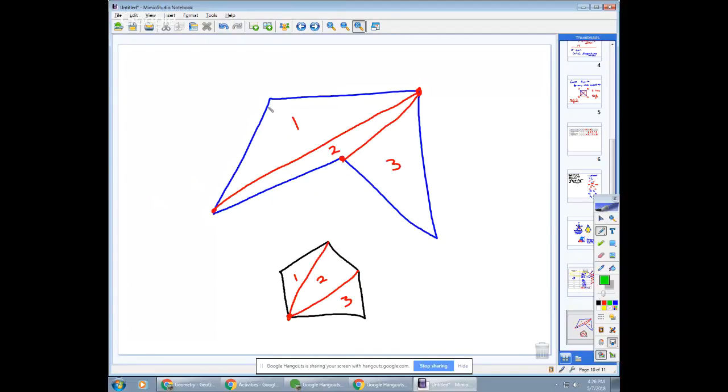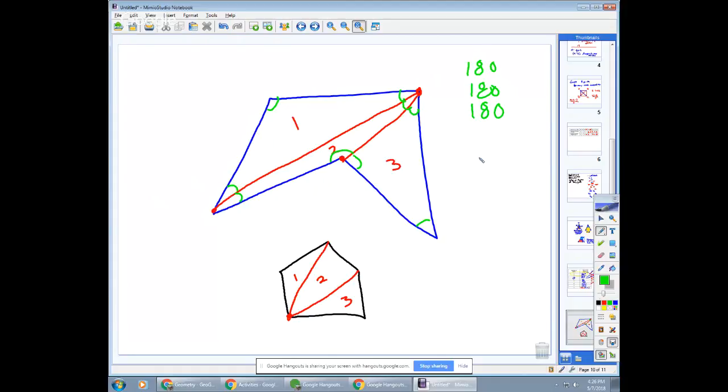So this triangle right here has 1, 2, 3 angles. And what are those angles going to add up to? 180 degrees. Triangle number 2 has this angle and that angle, and those angles add up to 180 degrees. And triangle number 3 gives us this angle and that angle, which is another 180 degrees.